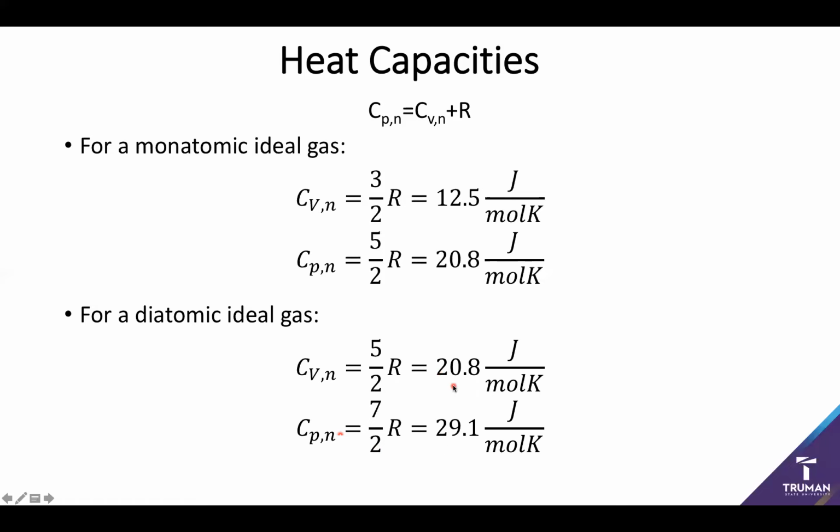And now instead of being almost twice as hard, it's about 50% harder to heat the system. This is much more analogous to real situations, due to the fact that oxygen and nitrogen, the primary components of the atmosphere, tend to be diatomic.